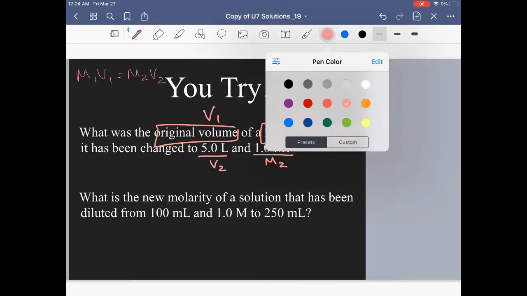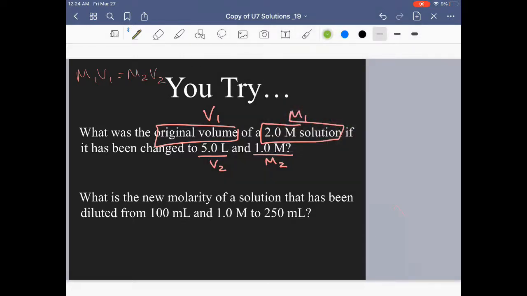All right, so go ahead and plug those in. I have an M1 over here of 2 and a V1 that I'm trying to find. So 2 times V equals, here's my M2, 1 times my V2 of 5.